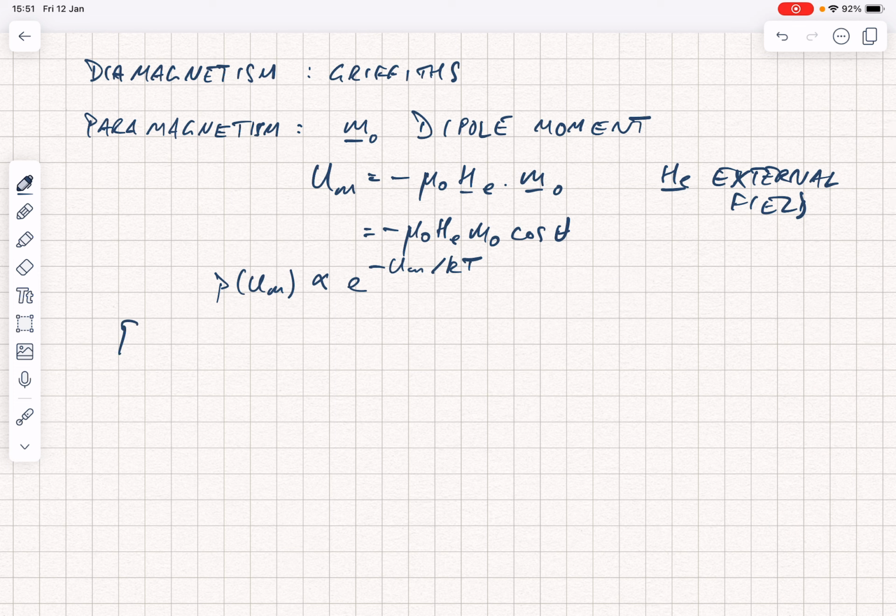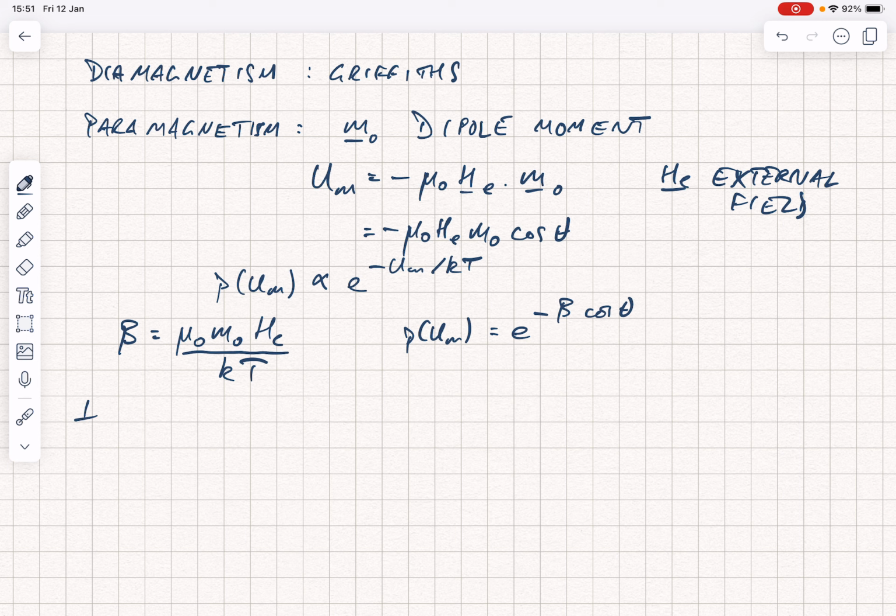Now we're going to define a parameter, beta, which is dimensionless and is very convenient, so that's given by μ0 m0 H, that's the external field, divided by kT. And so now we could write the probability of having the energy as e to the minus beta cos θ. So cos θ is giving us the angle between the field and the moment.